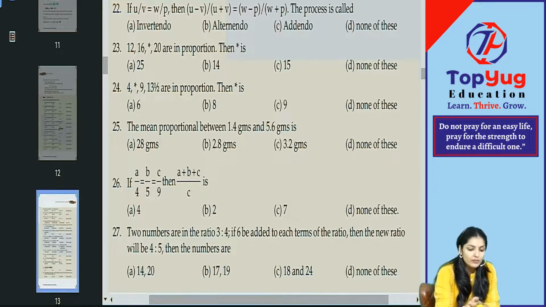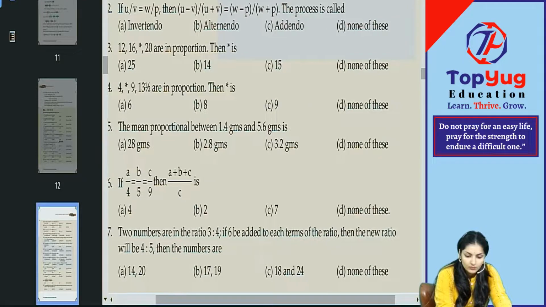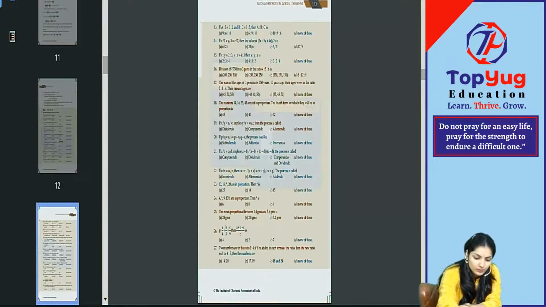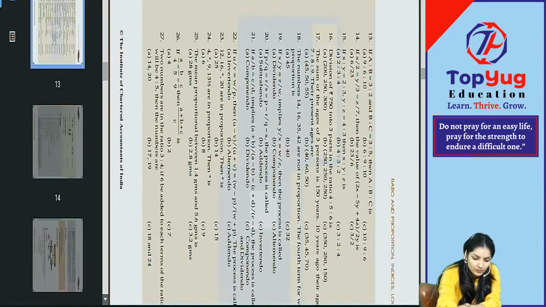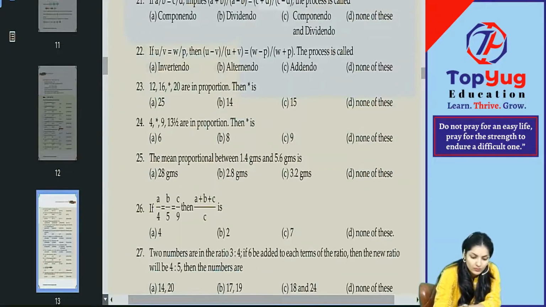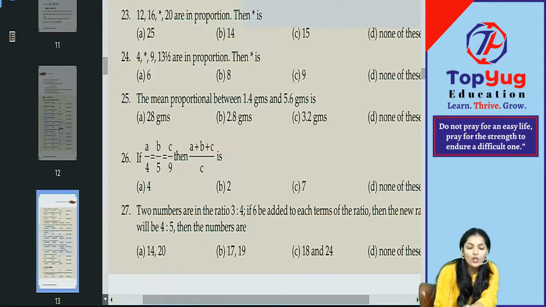Now 23rd one, tell me. 23rd one is product of the extremes is equal to product of means. Option C. 24th one.